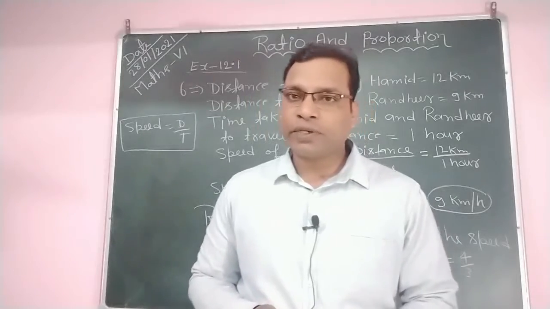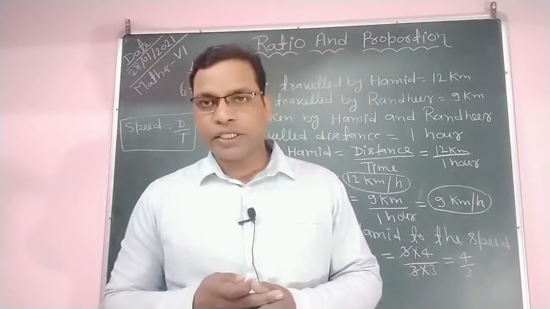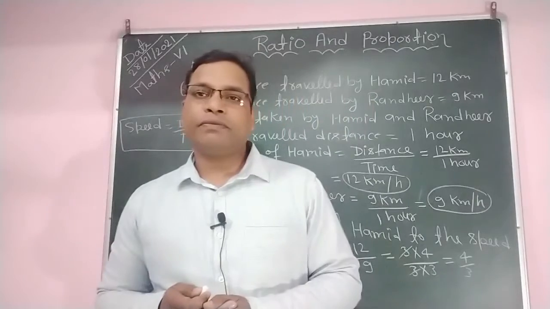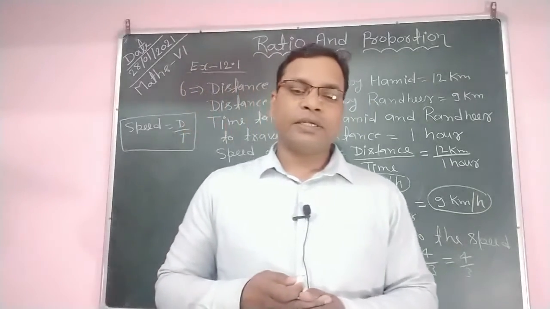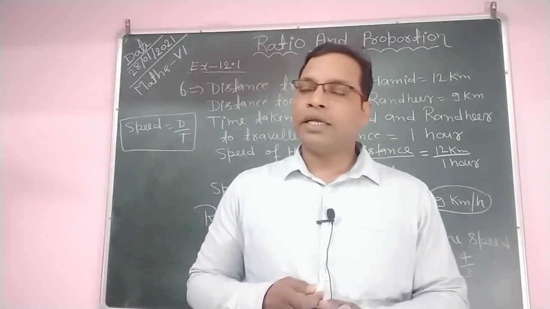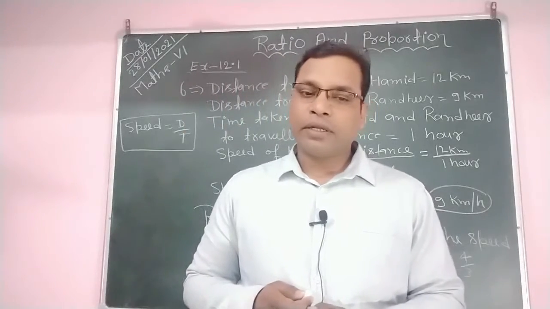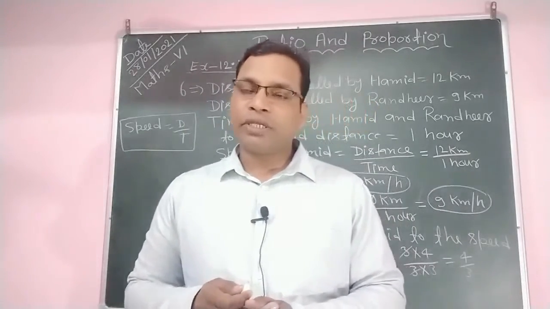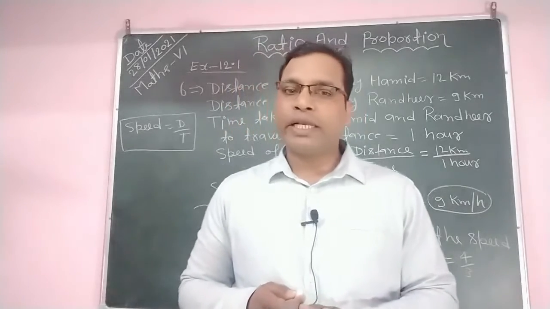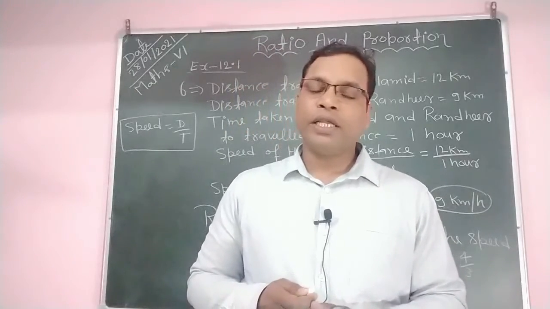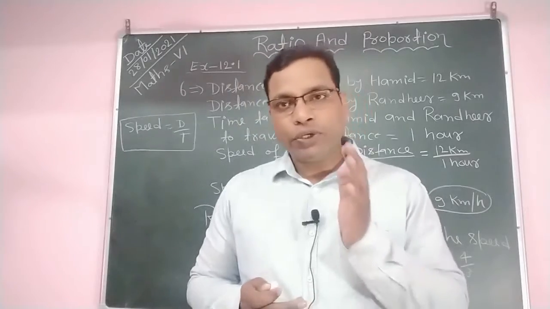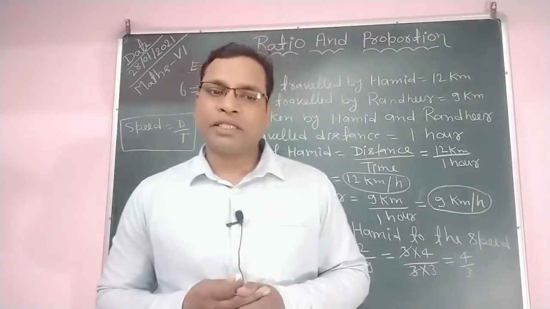Students, you can see in this question the population of the village is given, 4,800, and the number of females is also given, 2,160. We need to find the number of males in the village.